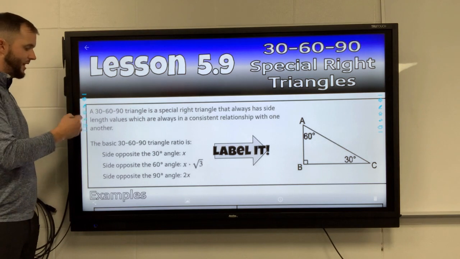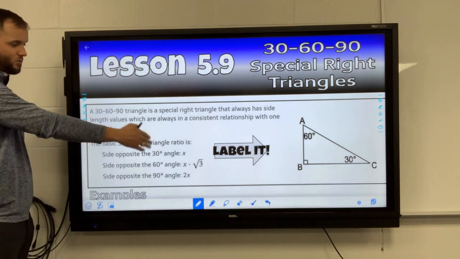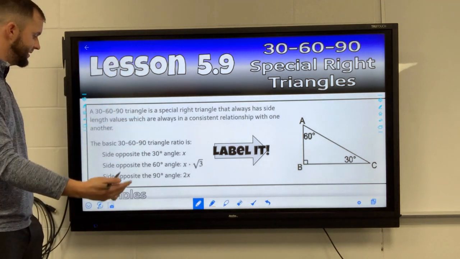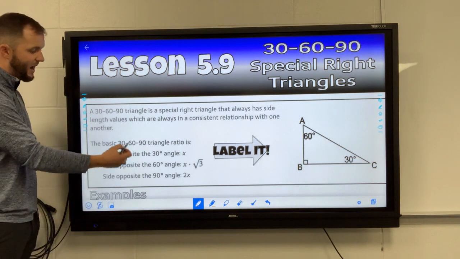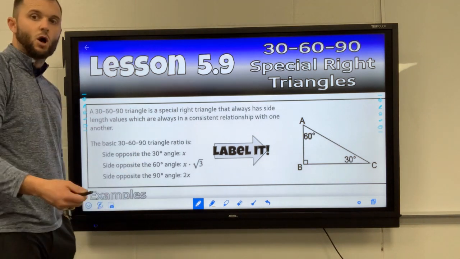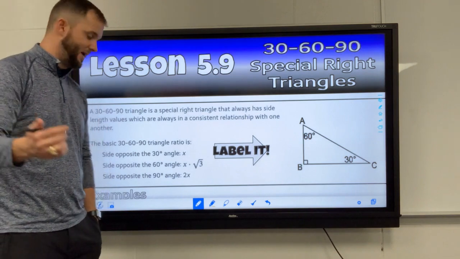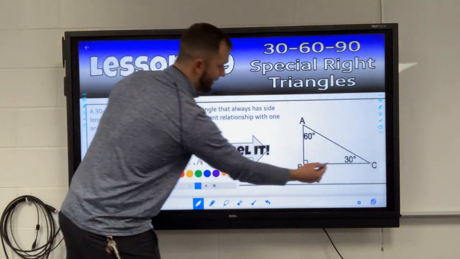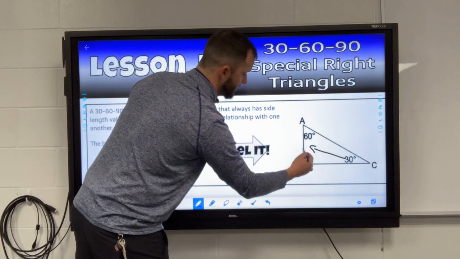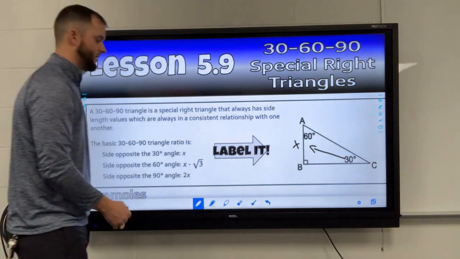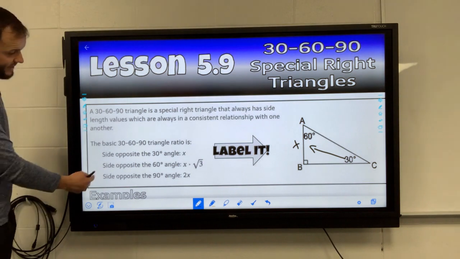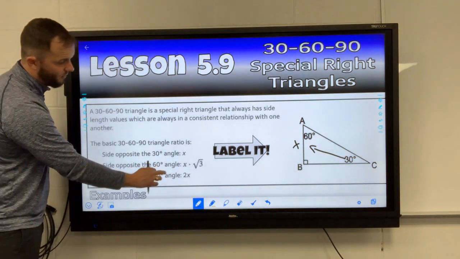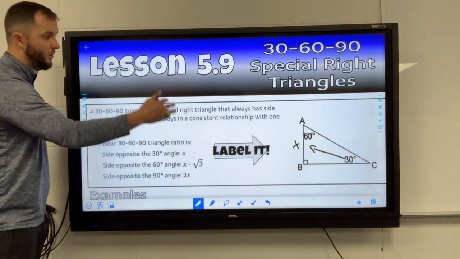And so right now we're going to label this triangle with what's written here. Whenever you have a 30-60-90, the side opposite the 30 degree angle is always going to be represented as X. So on my notes here, the side opposite of the 30 degree angle is always X. The side opposite of the 60 degree angle is always going to be X square root 3.